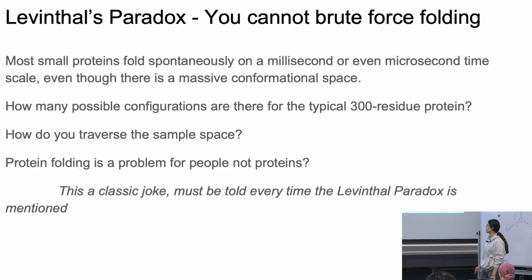And so yesterday you learned about Levinthal's paradox. So let's just talk about the paradox for right now. But essentially the idea is that if we were to figure out every single possible configuration for every single residue, and then the way they come together to make secondary structure and then tertiary structure, how long would it take us for the average length protein, which we said was 300?